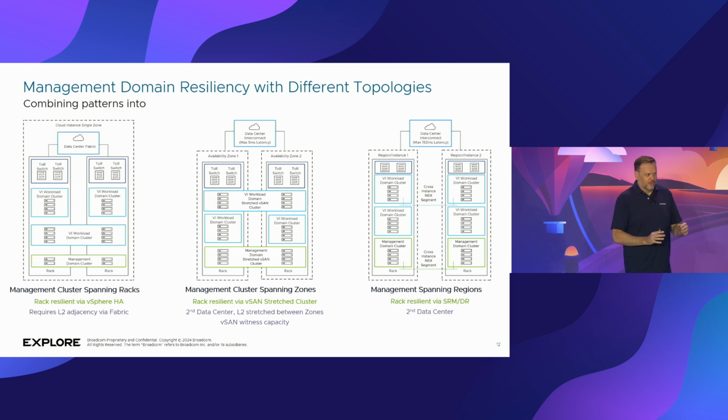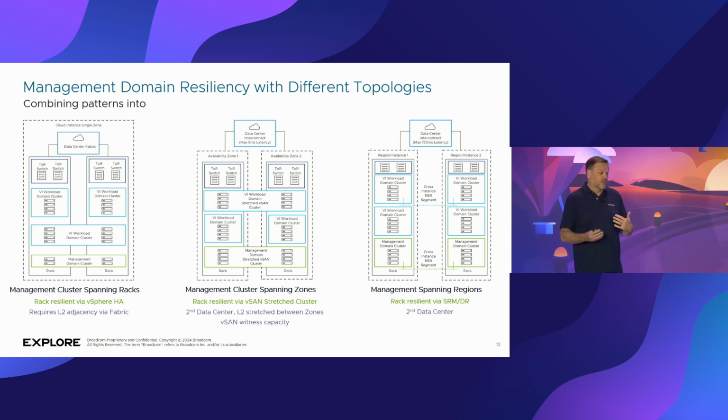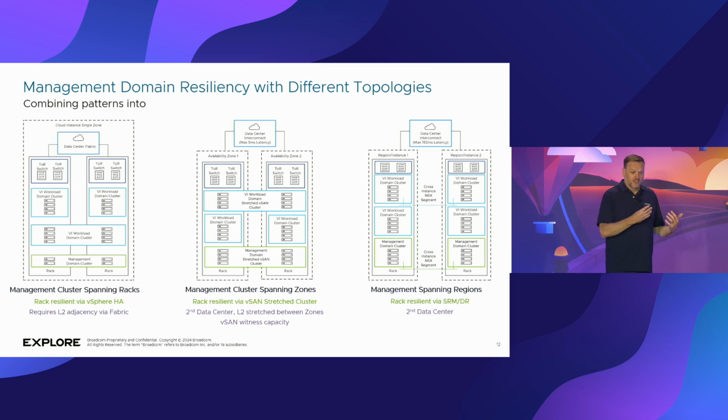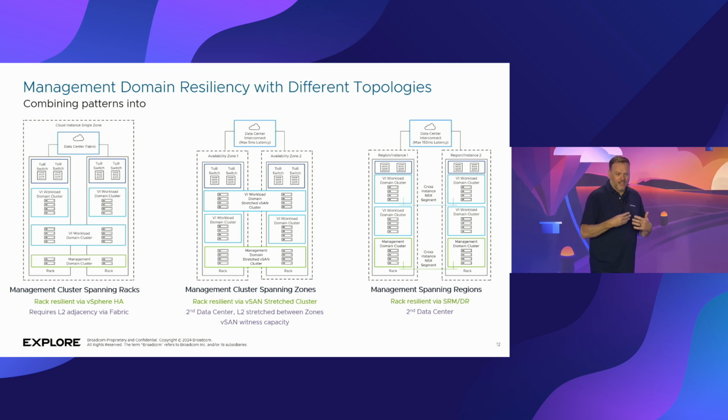Let's talk about that, because there is a requirement for the customer to provide L2 adjacency for that management cluster, right? That's not a problem we have for workload domains, but because of some of the limitations of vCenter and SDDC Manager in terms of their requirement for common L2 and not being able to deploy those currently on overlay, this is something we've got to ask the customer to provide for us if that's the pattern you chose for your management cluster.